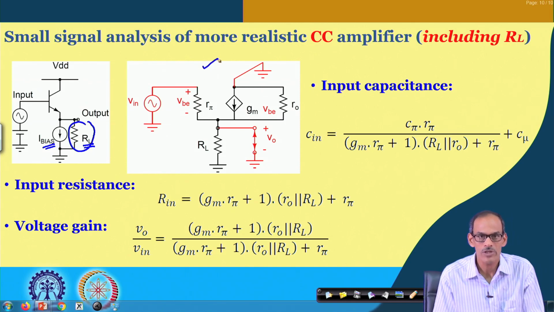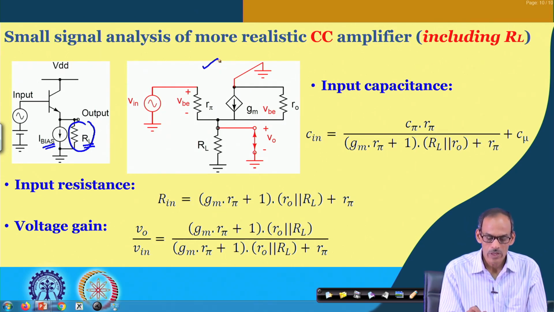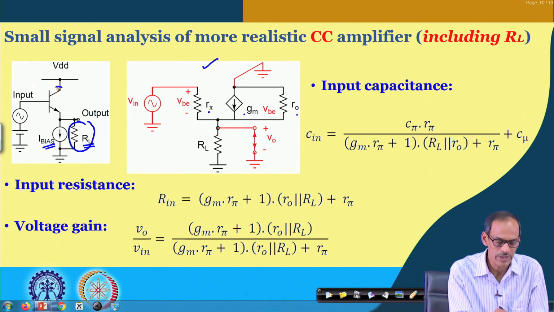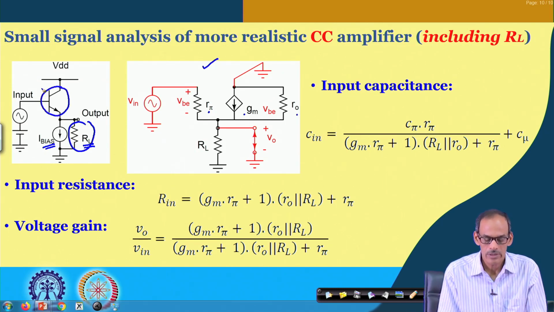Here we have the small signal equivalent circuit of the common collector amplifier with this RL included. We have R pi here, and then Gm into Vb, and R naught coming from the BJT transistor, and then we have this RL from the bias circuit.